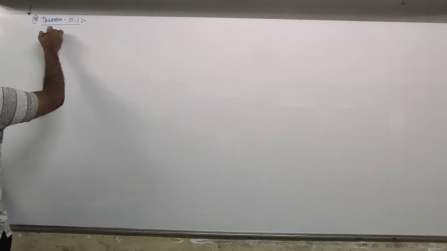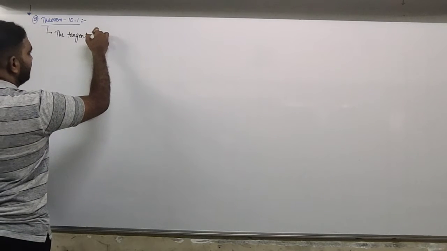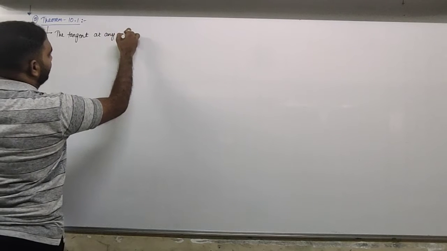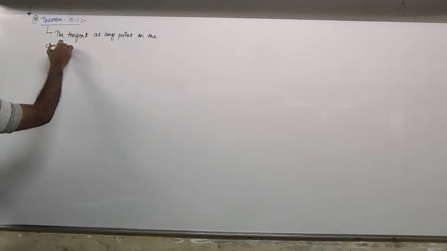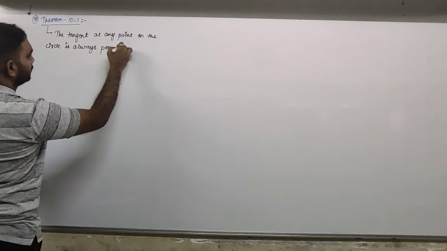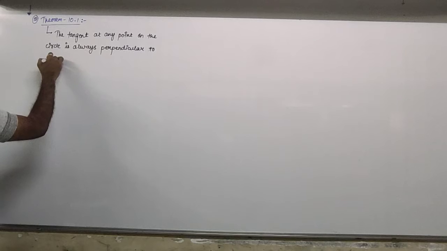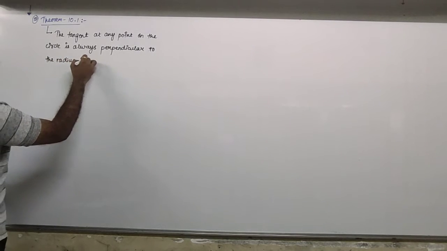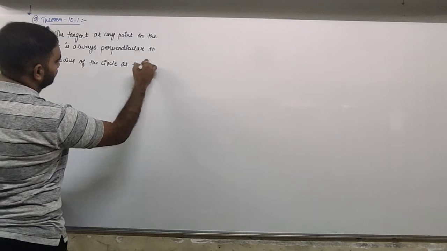The statement says that the tangent of the circle, that means at any point on the circle, is always perpendicular to the radius of the circle at the point of contact.